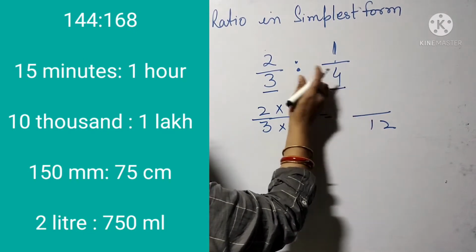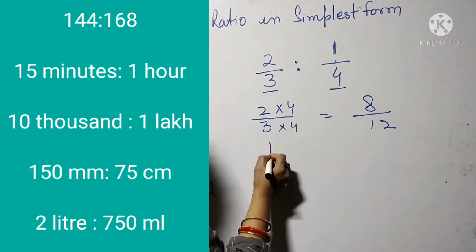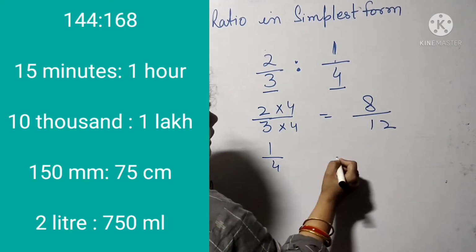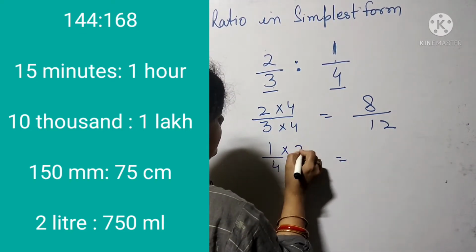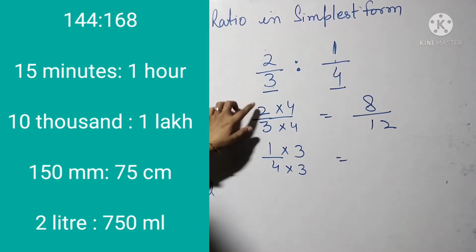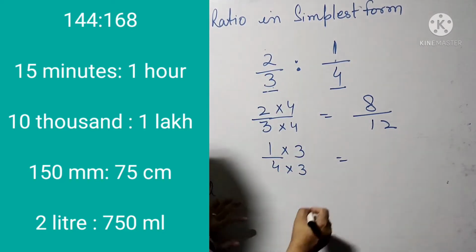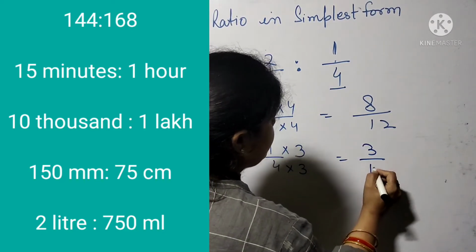That means with the help of 4 we multiply both of them. That means it becomes 2 fours are 8. Now here we write 1 by 4, and here we multiply by 3. With the help of 4 we multiply both 4 and 4, and here we have 3, we multiply both 3 and 3, and we get 3 over 12.